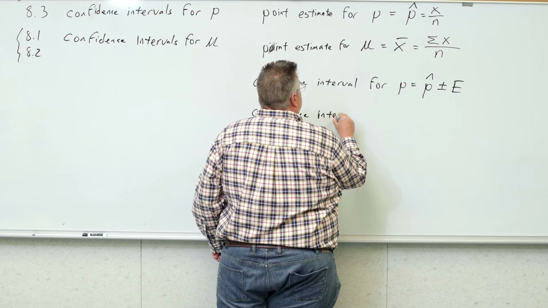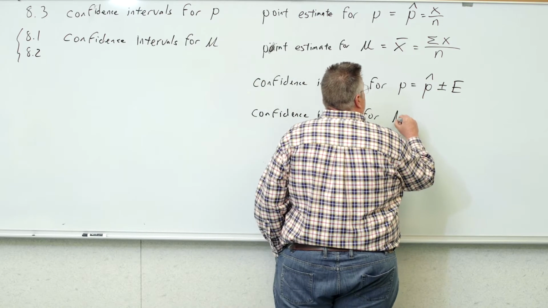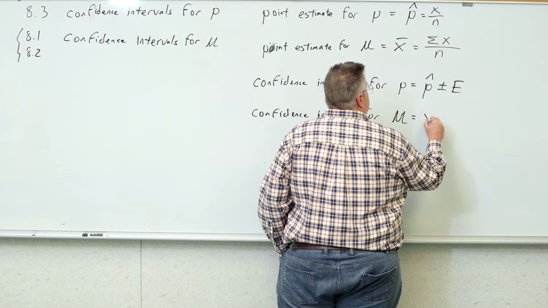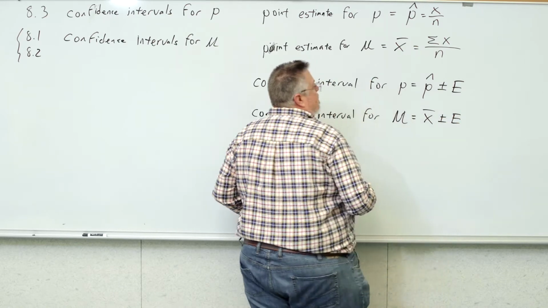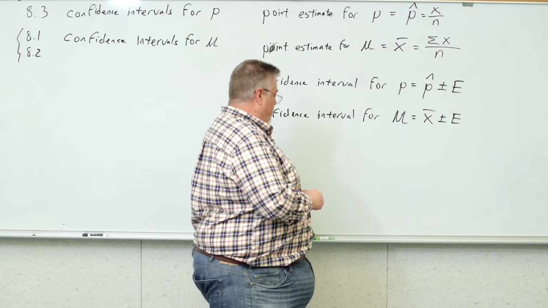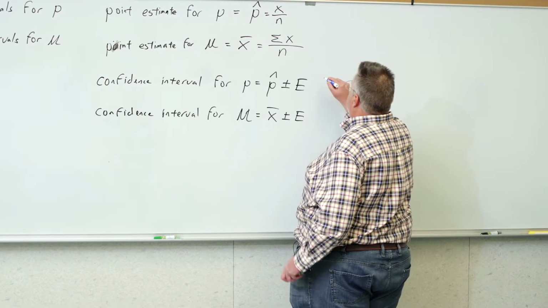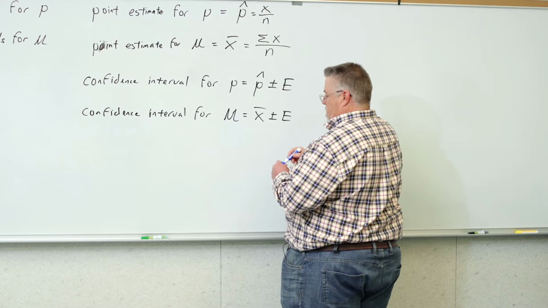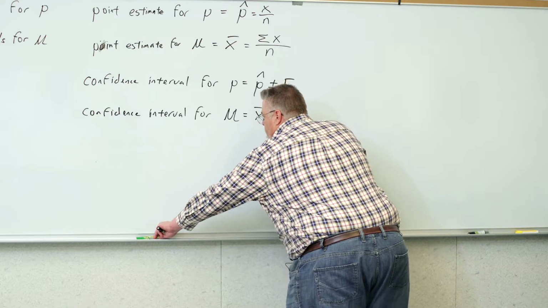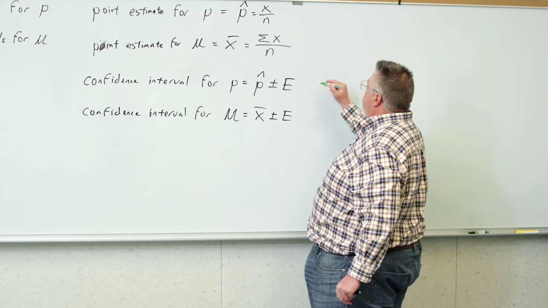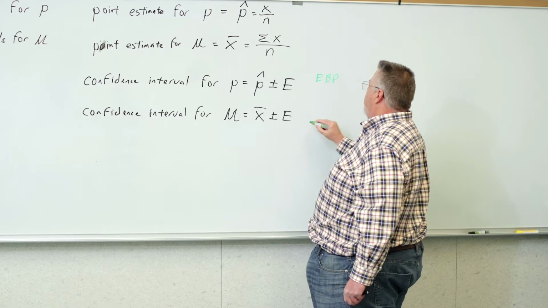Confidence interval for mu. We're going to start with X bar and then subtract and add some error estimate. Now your book calls this EBP, error bound for proportion.